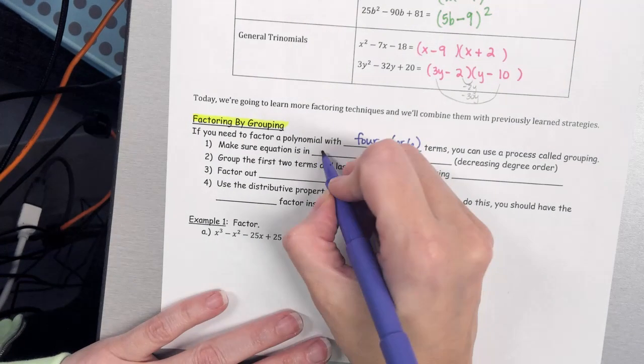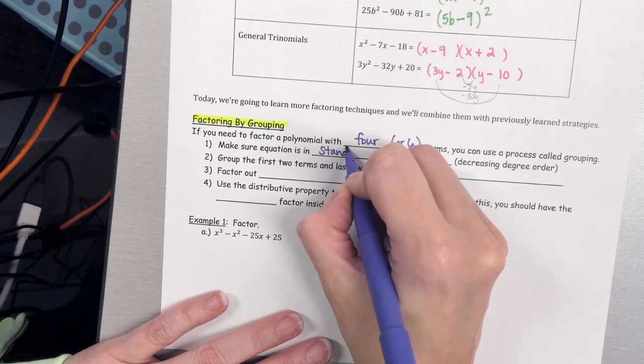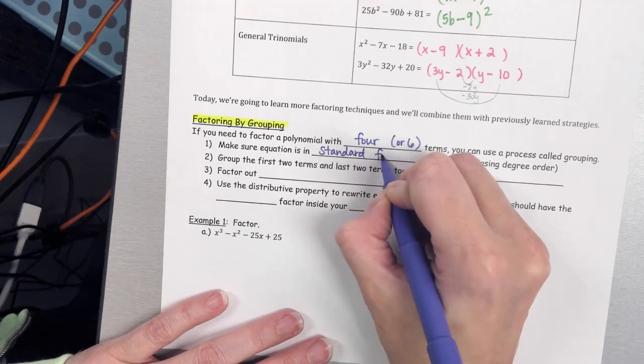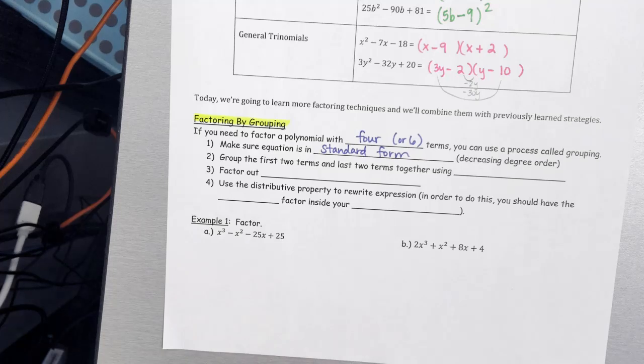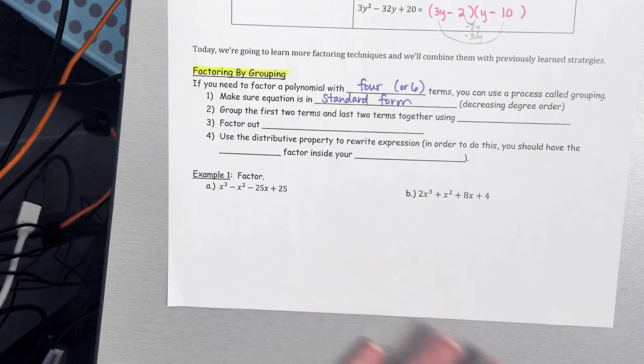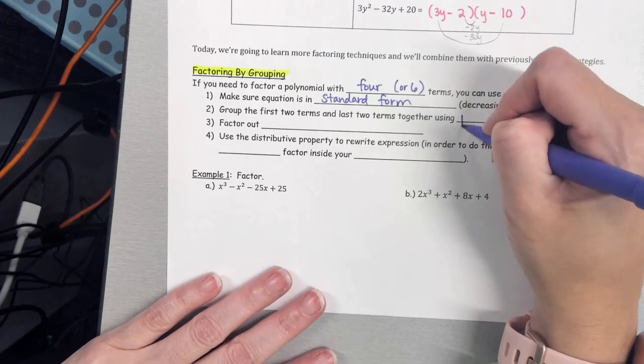Okay, and this is called grouping. So you want to make sure the equation is in standard form. So that means you have the highest exponent and then goes from greatest to least. We're going to group the first 2 terms and the last 2 terms together using parentheses.